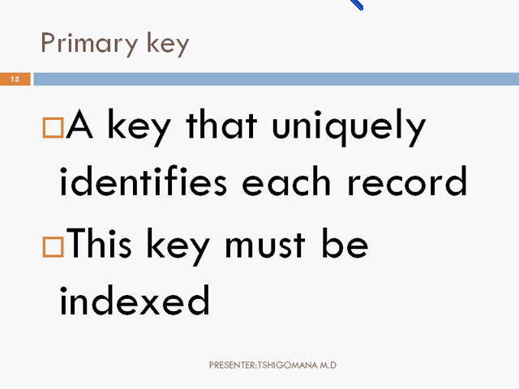In other words, if, say, for example, we are using numbers as a primary key, and we have 2134, if there is another 2134, this field must not accept that. That is what we mean by indexed. But at certain stage, you are allowed to index this in such a way that it can accept duplicate indexes.